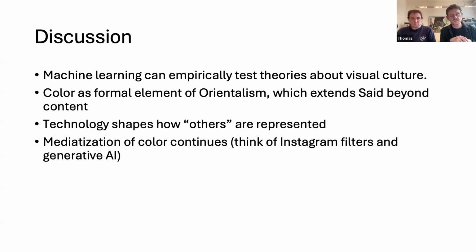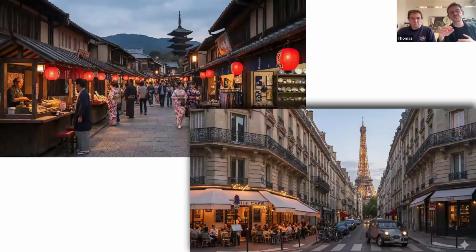And I think more recently, we have these generative AI systems that can generate images that also bring their own possibilities and constraints, like how do they use colors when representing the world. Just for this presentation, I made two small examples where I asked Google Gemini to generate an image of an Oriental image and an Occident image.